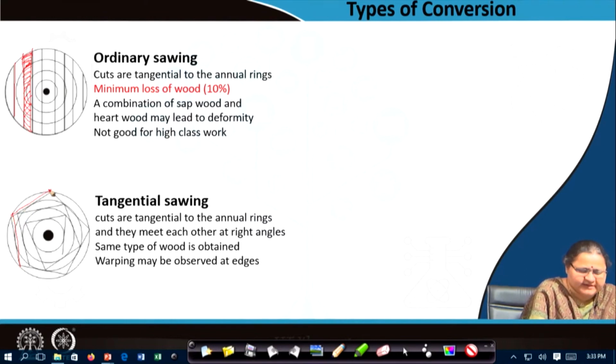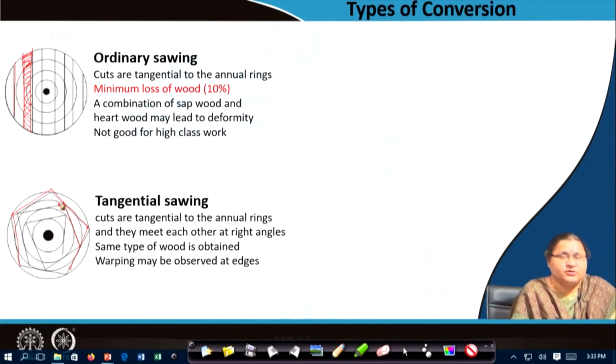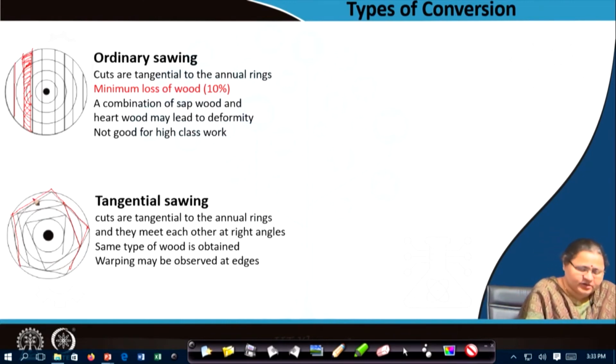So, it is almost at 90 degrees you are cutting, you are getting your usable slices. From one cross section between two tangents, you can get this kind of wood. They will be very much similar, and you will have only one or two annual rings passing through it.